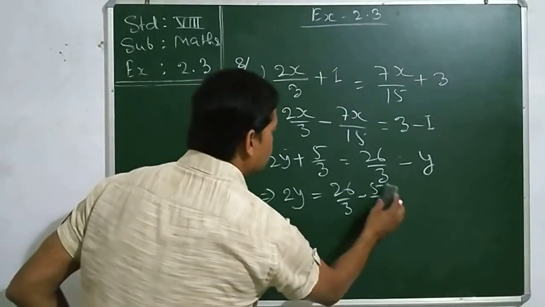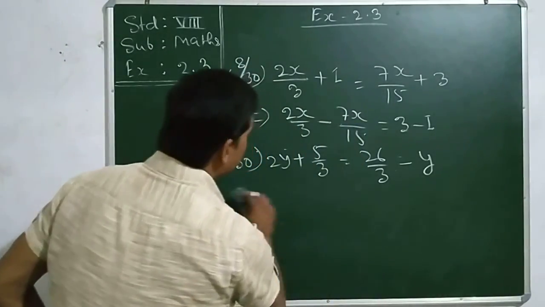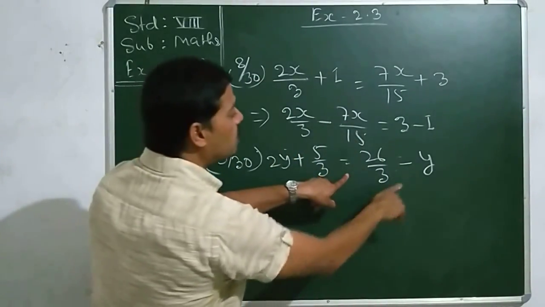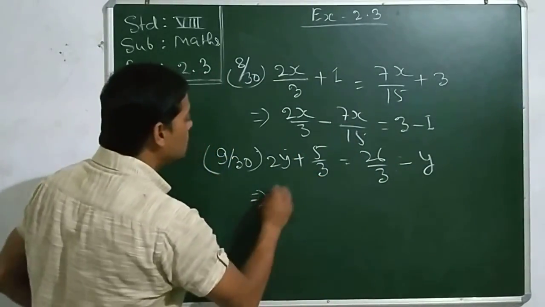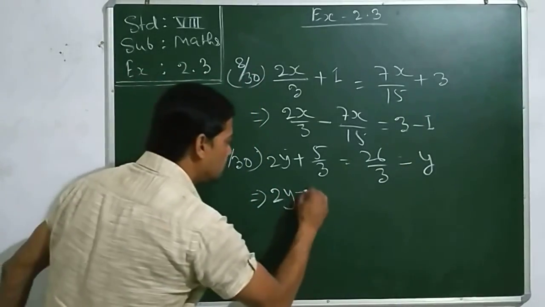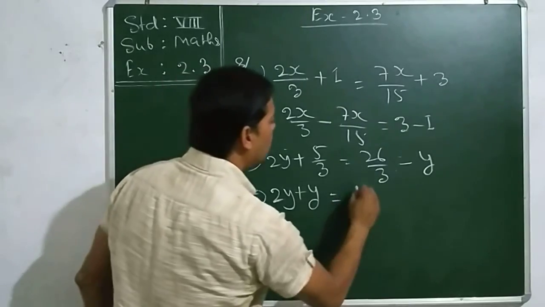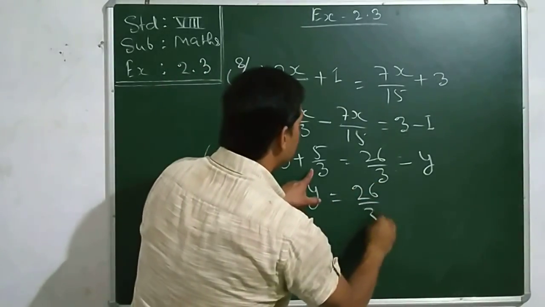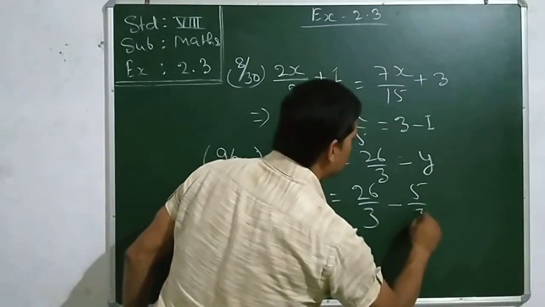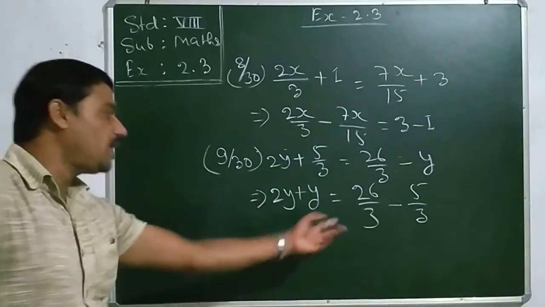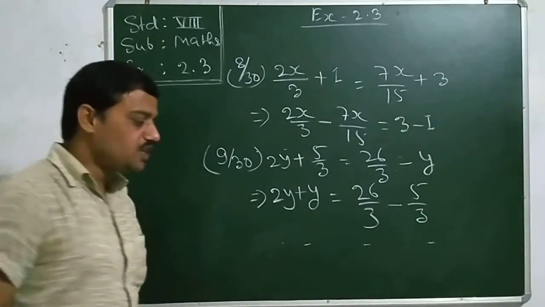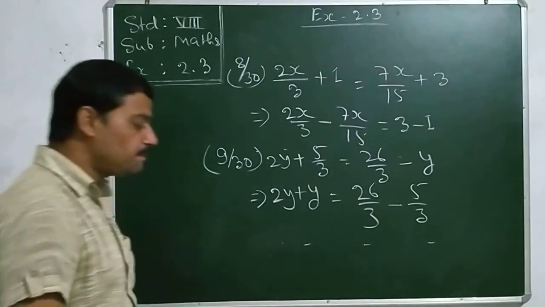Yeah, I have made a mistake here. In this sum, 2y plus 5 by 3 equal to 26 by 3 minus y was there. So 2y and y will come to the LHS with positive sign, and this 5 by 3 will move to the RHS with negative sign. Now calculate 3y equal to 21 by 3. Carry on the remaining steps. You will get the value of y.